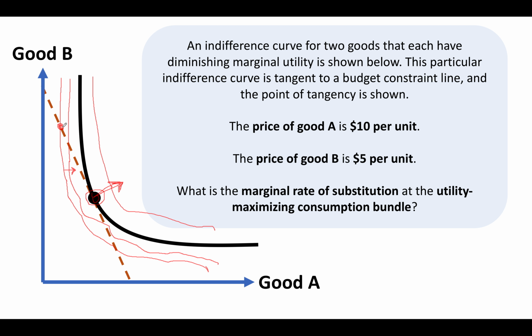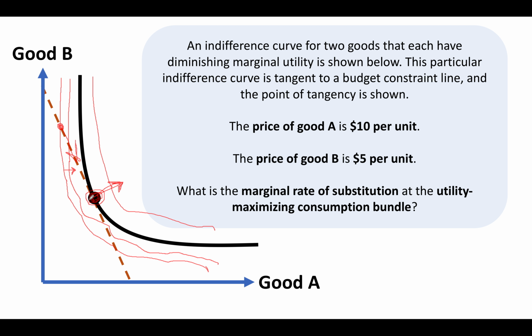Whereas here, I can walk along the budget constraint line, and as I do, I cross better and better indifference curves. But that stops at this point of tangency, where if I keep walking along the line, I end up crossing the bad indifference curve again over here. If I pass this point, I get less and less utility. So that's one reason why this point of tangency is the best bundle that I can get.